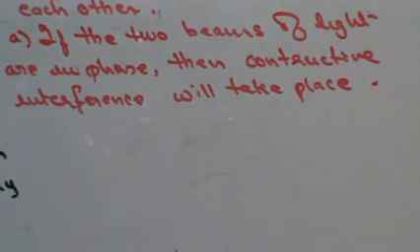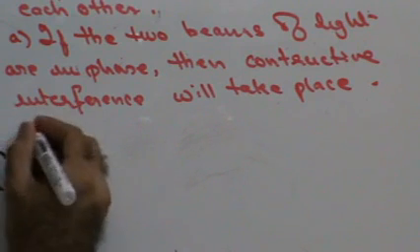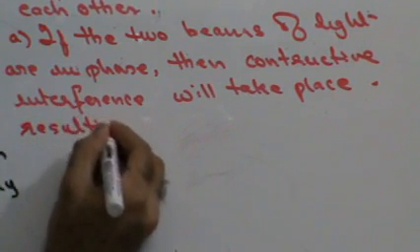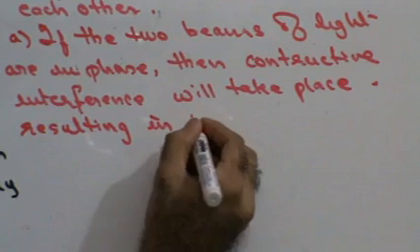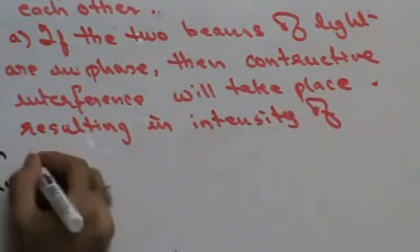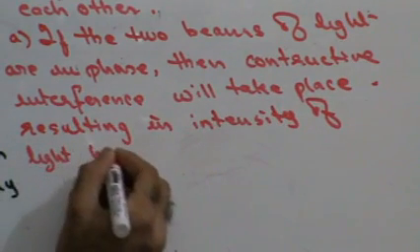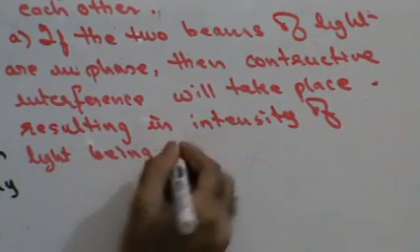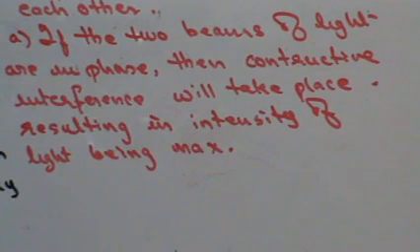Right? Constructive interference will take place, resulting in the intensity of light being maximum. Now, how do I get this maximum intensity?